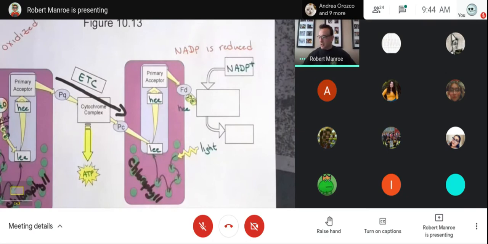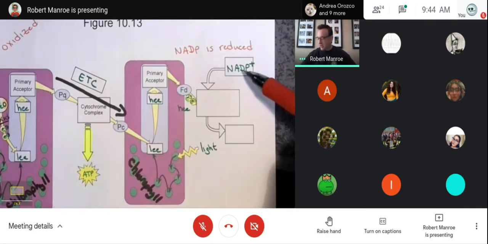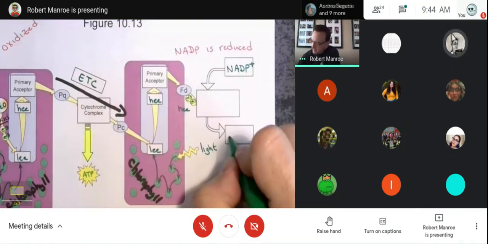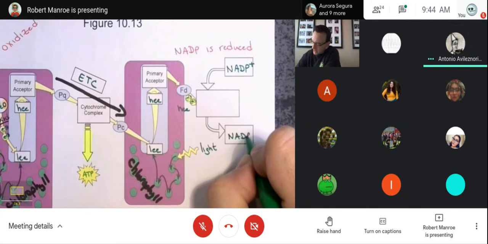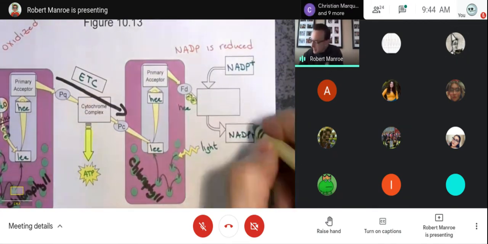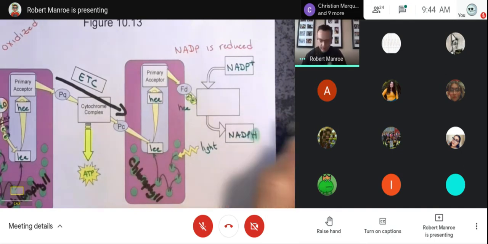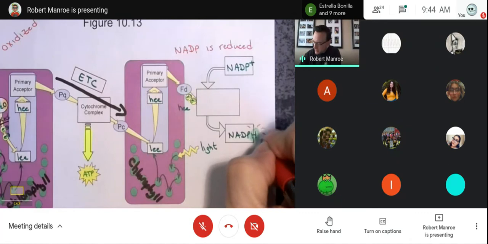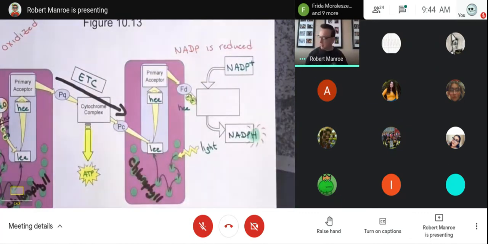Okay. So this NADP is reduced, and what's going to go into that box there? NADPH. Put the green right here. And here's your high energy electrons trapped right in there. Okay.